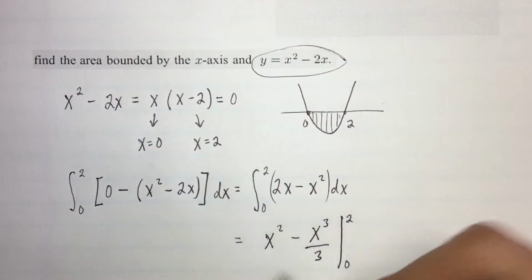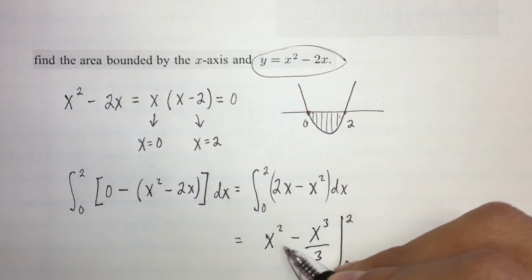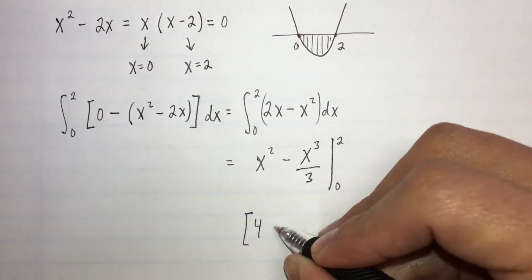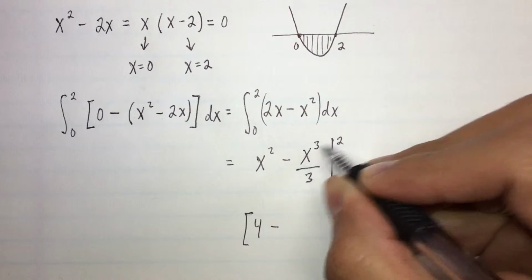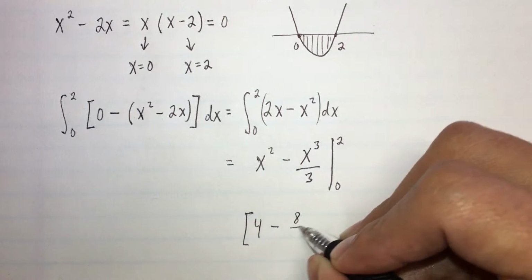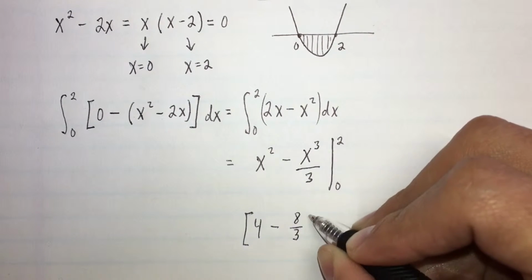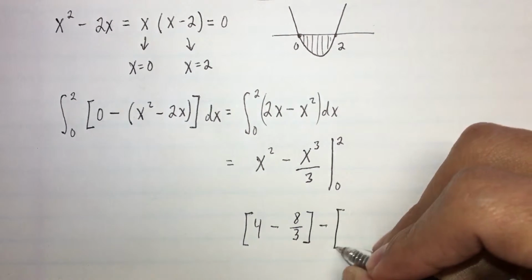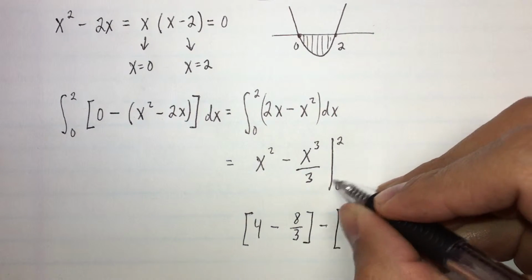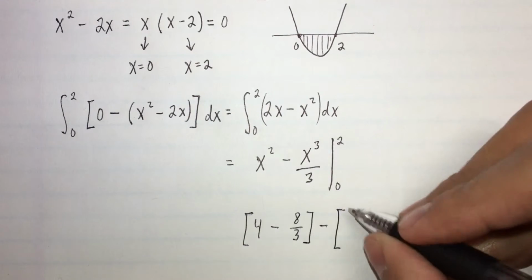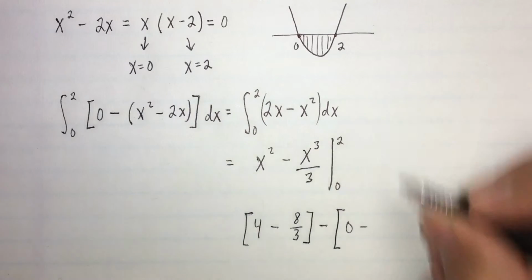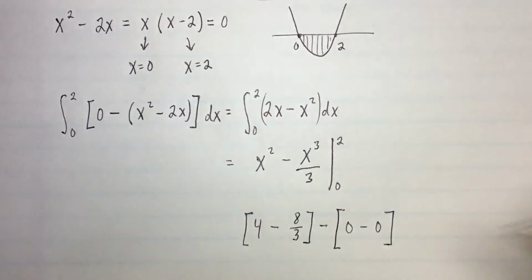So when we plug in our 2, x equals 2, we're going to get 2 squared is 4, 4 minus 2 cubed is 8, so we have 8 thirds, and we're going to subtract, we have to evaluate when x equals 0, so plug in 0. 0 squared is 0, minus 0 cubed is 0.